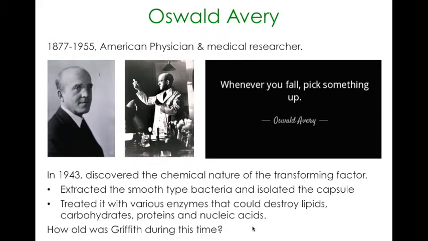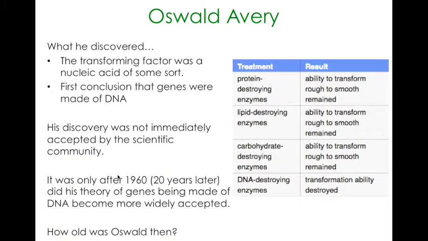He figured out that the enzymes that destroyed nucleic acids would make the bacteria harmless again. By the way, it is worth noting, how old was Frederick Griffith during this time in 1943? So what he discovered, the transforming factor, was a nucleic acid of some sort. If he treated it with protein-destroying enzymes, it was still deadly.